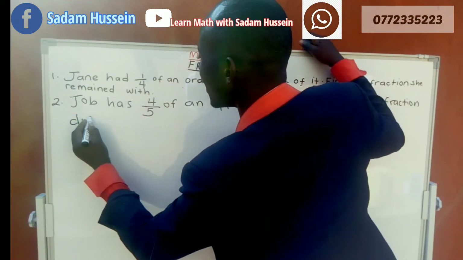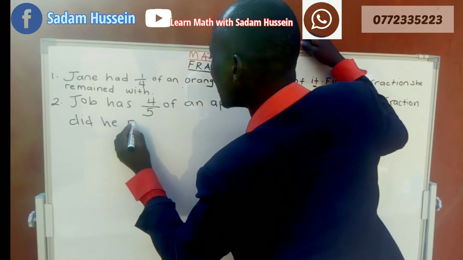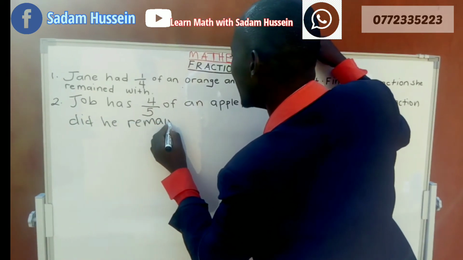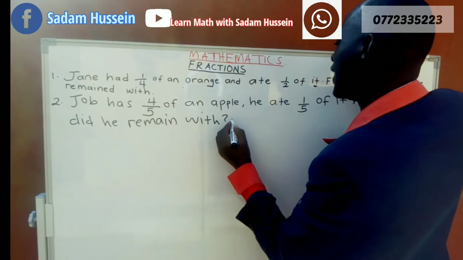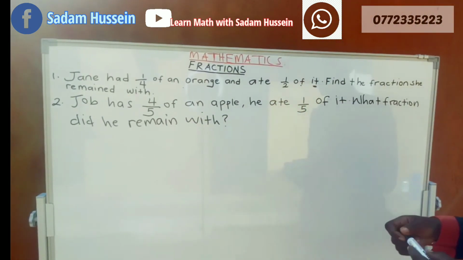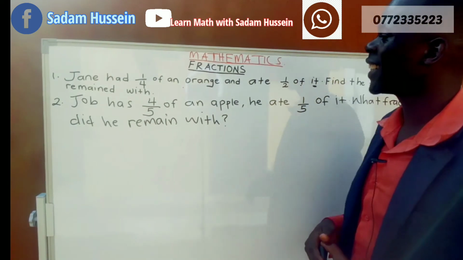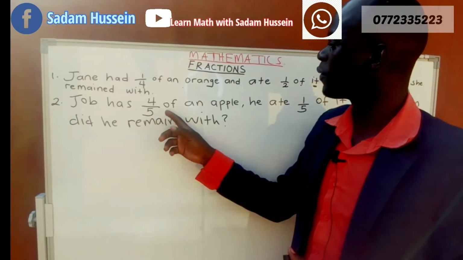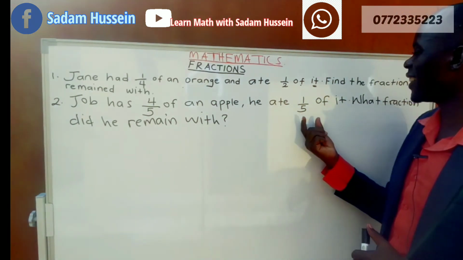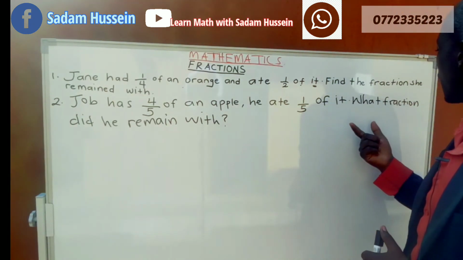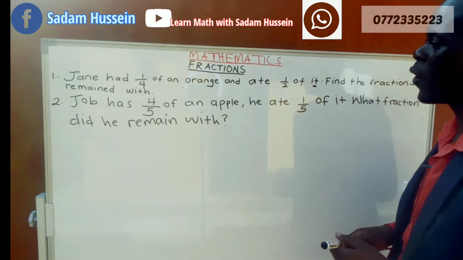What fraction did he remain with? Job has 4 out of 5 of an apple. He ate a fifth of it. What fraction did he remain with?